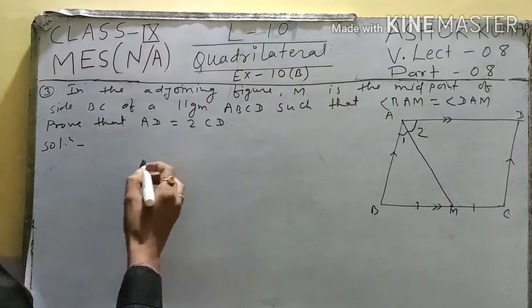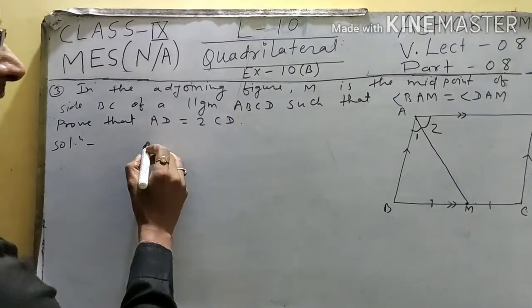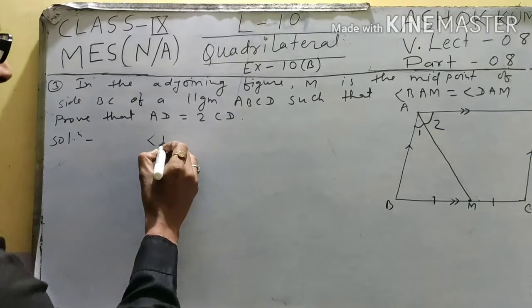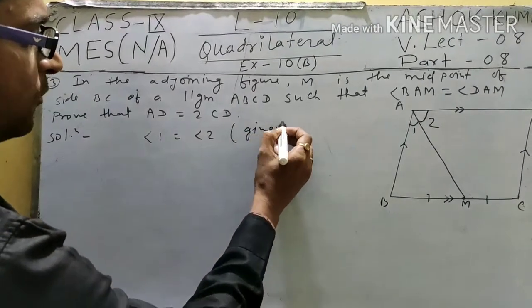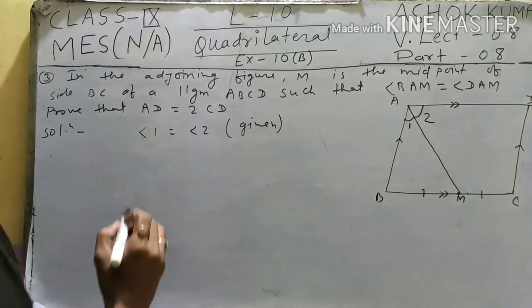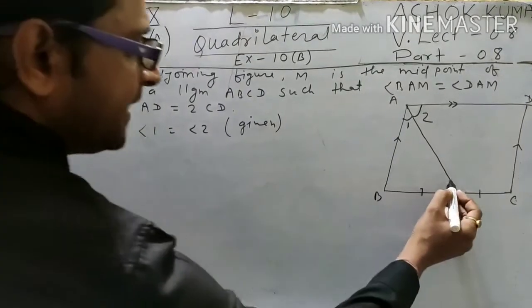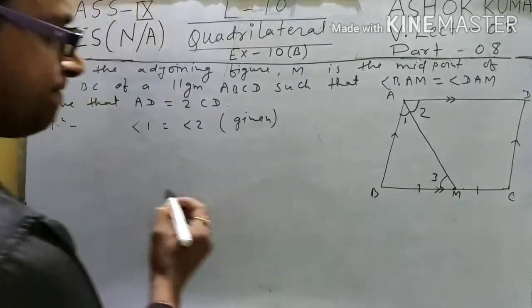Okay student, what information is given here? The given information is angle 1 is equal to angle 2. Suppose here student, this angle is 3.